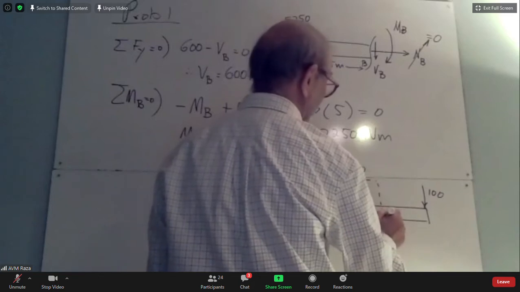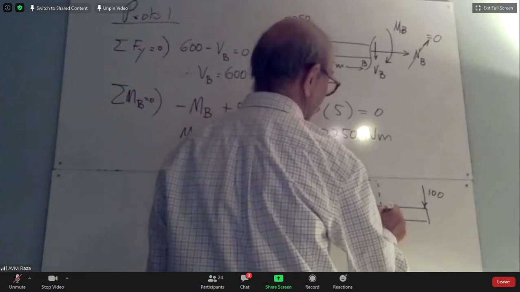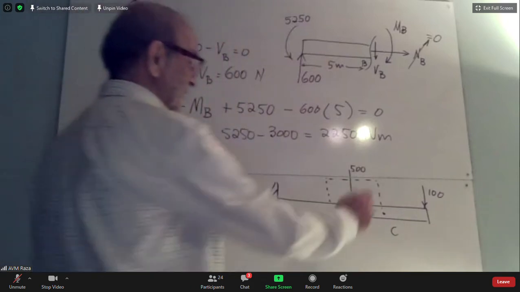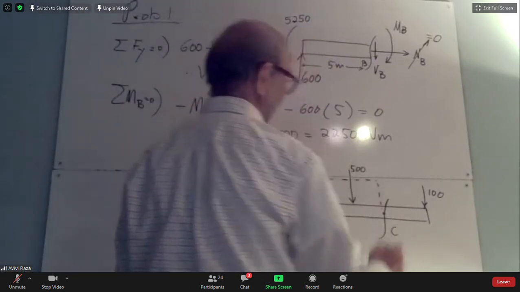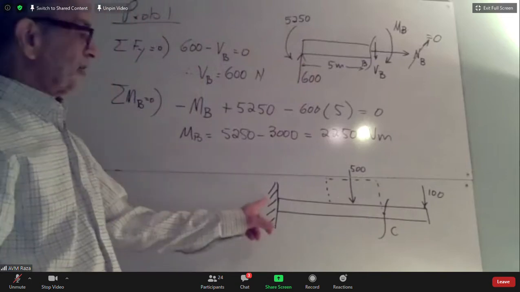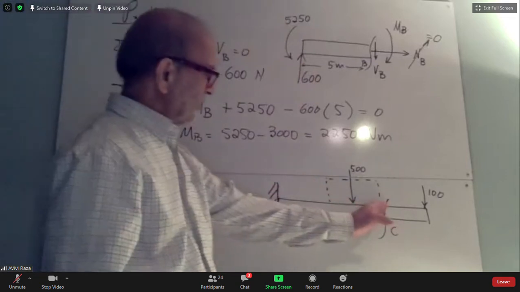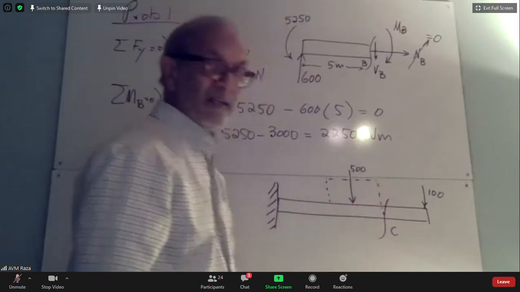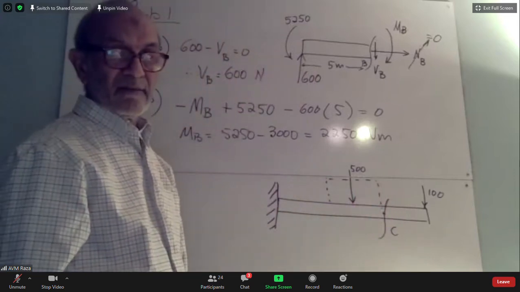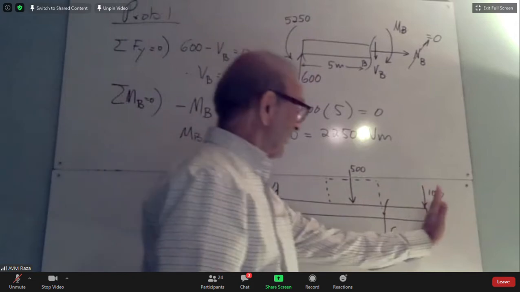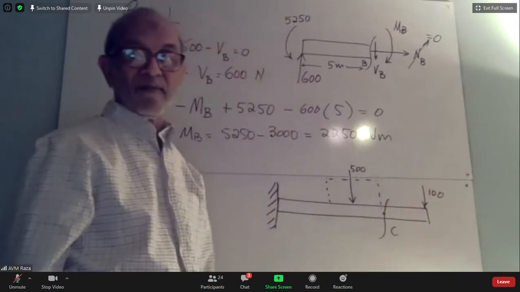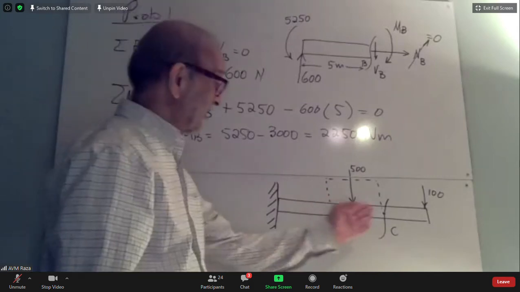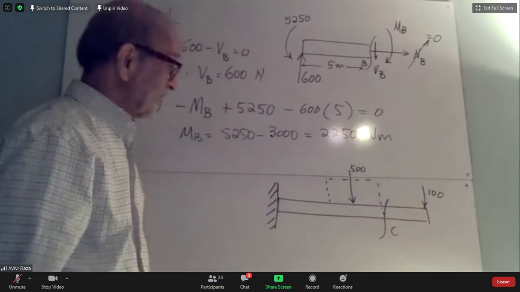Now I want to find at point C, which is somewhere there, you see. So I have to take a section at point C like that. I already have the support reaction. So I have two options. When I take the section, either I can draw the left-hand side of the beam as the free body diagram, or I can use the right-hand side of the beam. Which one seems easier to you? Obviously, the right-hand side. So that's what I'm going to do.